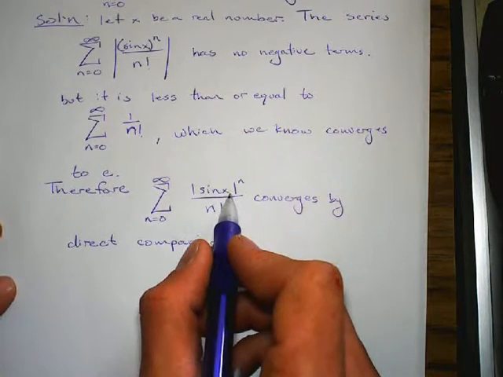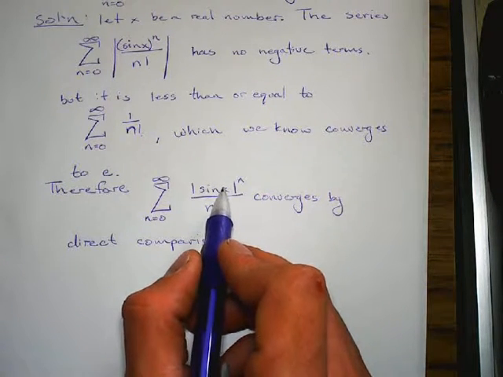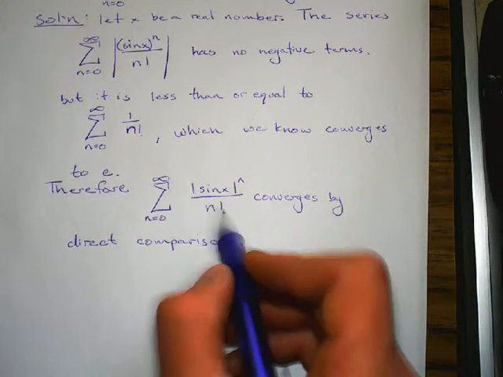That's what we compared this to. We knew that sine of x was less than 1, so we could just substitute that in there and refer back to that.